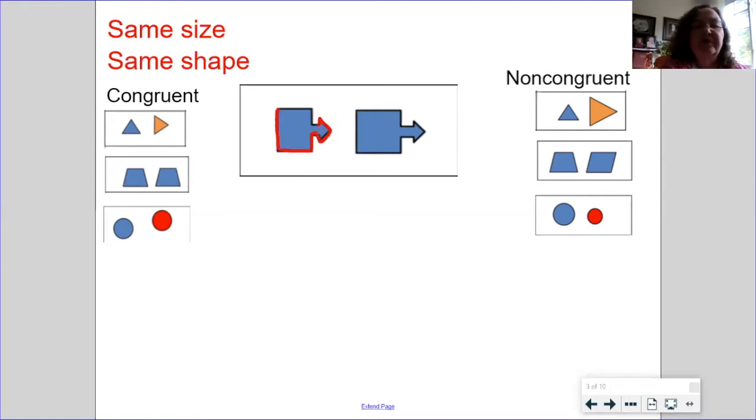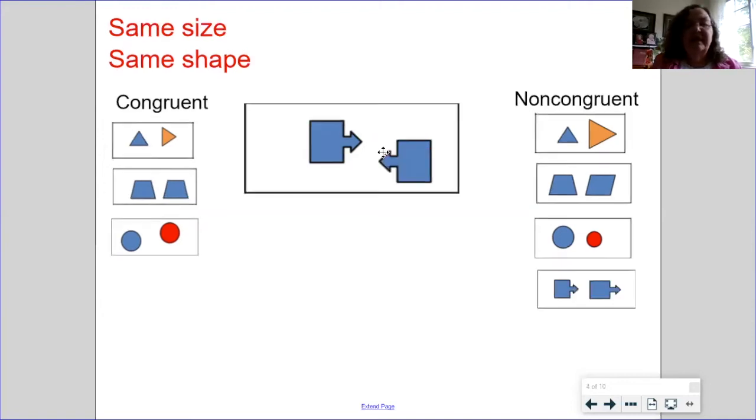It's not perfect, but it's close. And now I'm going to put that on this. And oh my, I can see that those are not the same shape and size because this one is a lot smaller. So let's look at the next one. I put that under non-congruent.